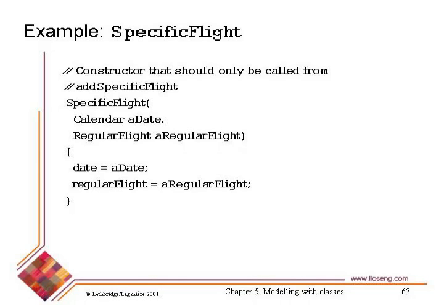It's going to be called by the regular flight, and it will allow us to schedule a particular occurrence of that flight on a particular date. So all we're doing in the constructor is assigning the value of the attribute date and the association regular flight. So notice that when it gets down to code, attributes and associations have a lot in common with each other. They're both implemented as instance variables.